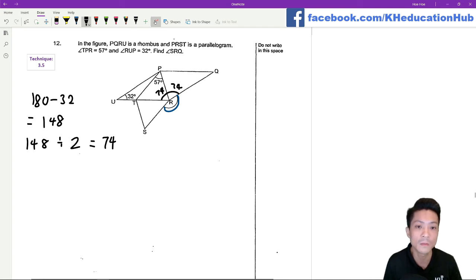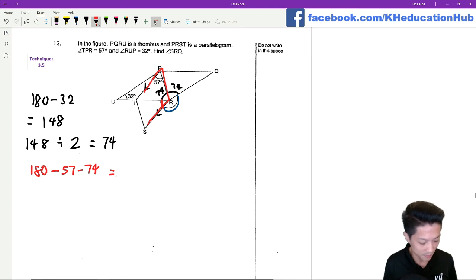Okay, now PRST is a parallelogram, which means that these two are parallel. So I can find this angle here by using 180 minus 57 minus 74, using this interior angle. This is going to give me 49.